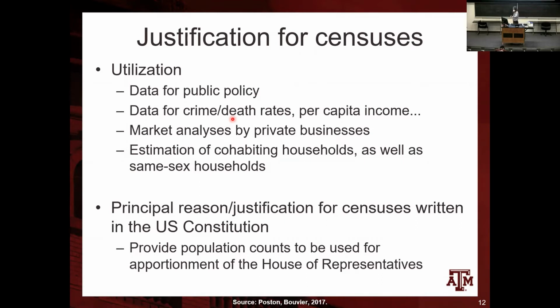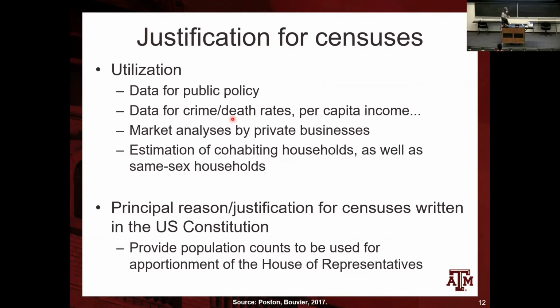You can estimate new patterns of household composition, cohabitation patterns, as well as whether the number of households with same-sex partners has been increasing over time. So there are a lot of possibilities to use census data to understand the population.